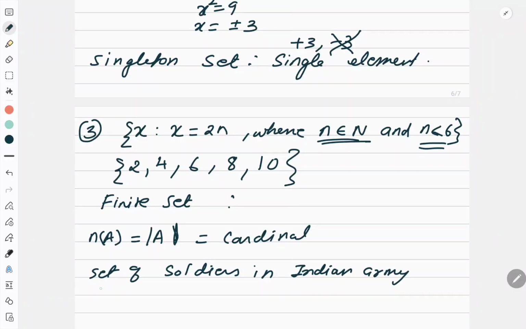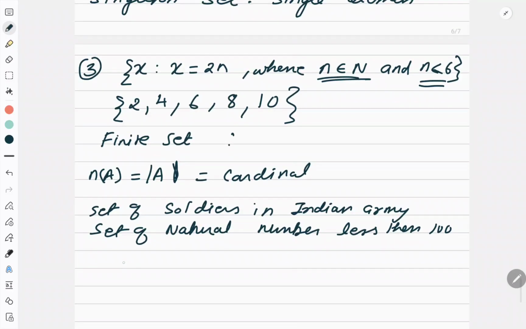If I say the set of natural numbers less than 100, it is finite. Now the place where you will get confused: the set of persons or humans on earth.